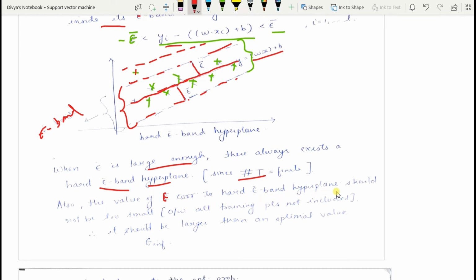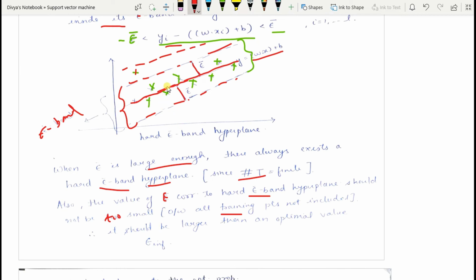Next point we are considering is that the value of epsilon bar corresponding to the hard epsilon band hyperplane should not be too small. If the epsilon value is too small, all training points would not be included, right?